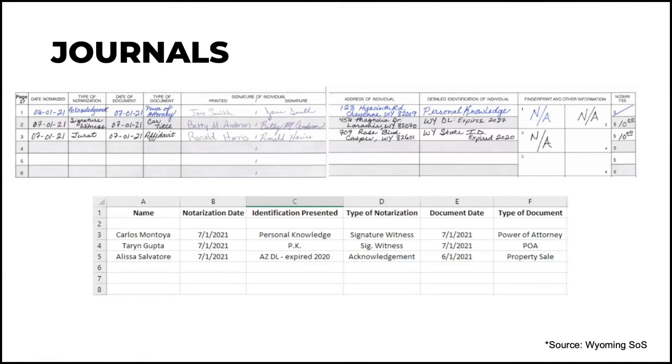Now, if you look at the bottom one, that's a digitalized version of the top one almost. Now, the drawbacks to this: it's still a legal journal. It's still state inspectable and all that kind of good stuff. You can keep it on your phone as an Excel sheet, or if you only do stuff at your home office, you can keep it on your computer, etc. Downside, you'd never be able to take any kind of fingerprints with this.